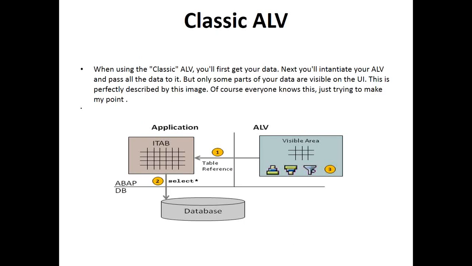See, in a normal traditional classical ALV, we select the data into an internal table. It is not required that you show all the fields in the output. Whatever field catalog you created, those fields will be shown as visible.